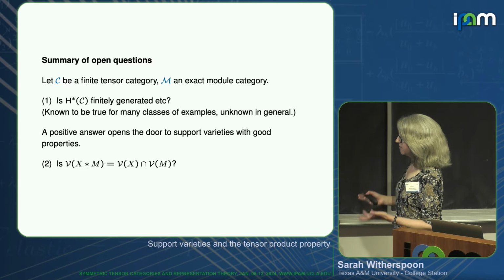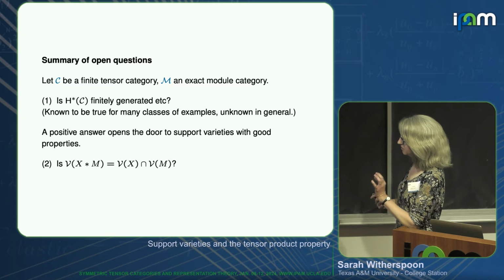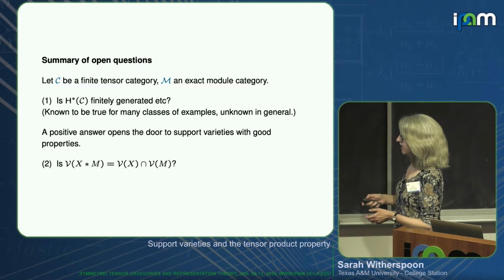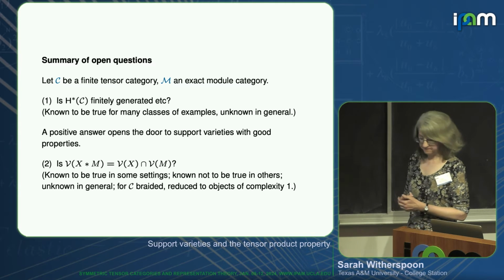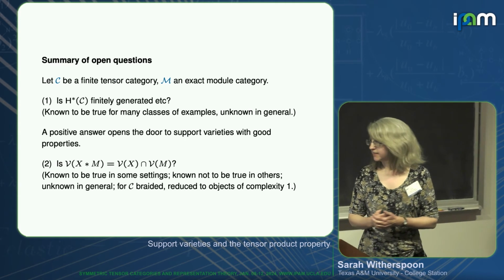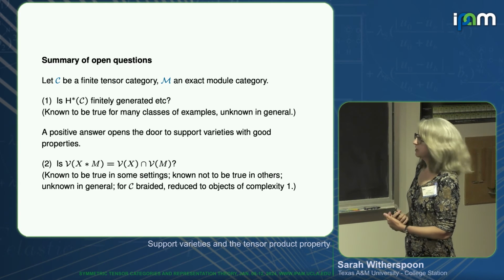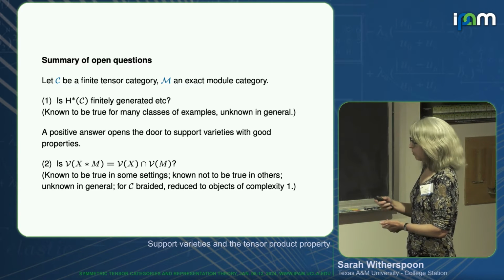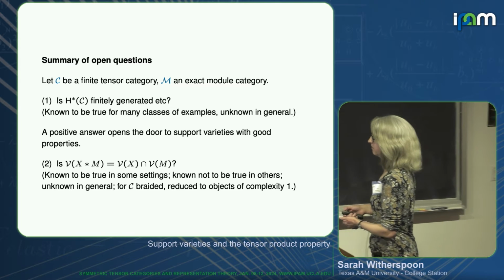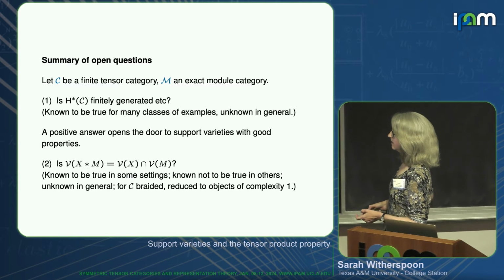And the question about the tensor product property: is the variety of X tensor M equal to the intersection of the two varieties? That's known in some settings, and known not to be true in others, and that's what I want to talk about next.